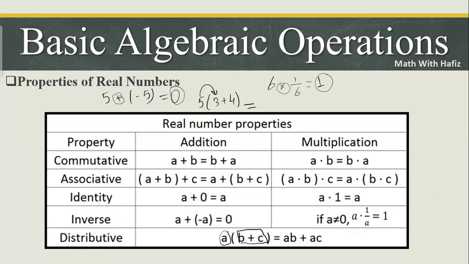You can distribute this 5 to this 3, meaning 5 multiplied by 3, and also 5 multiplied by 4, and then at the end you can add them to find a sum. The answer should be the same.